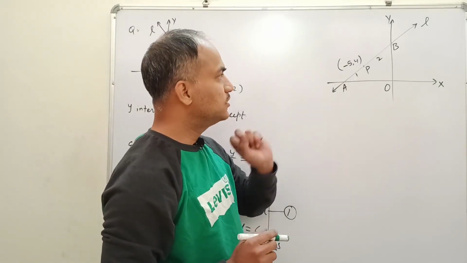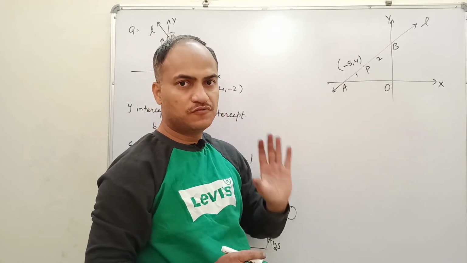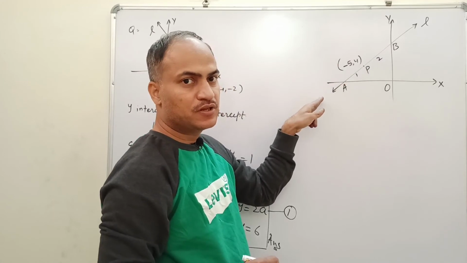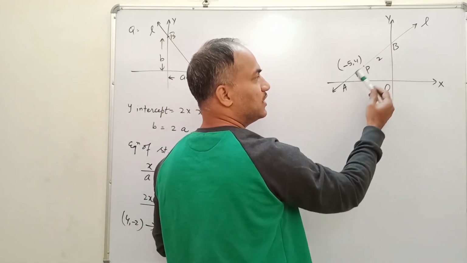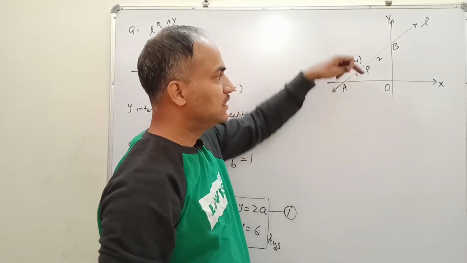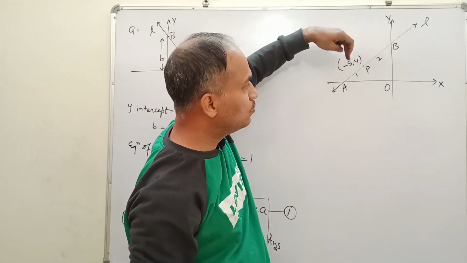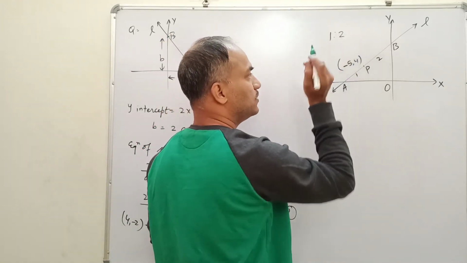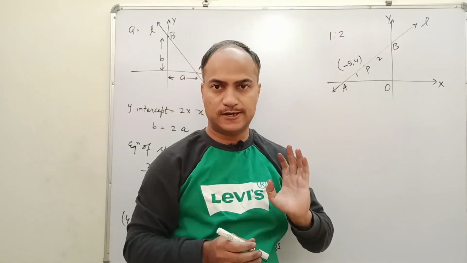In this question, we are given a point P(-5, 4), which is on this straight line L, and this point is dividing the intercept of this line between the axes. It means this point P is dividing this portion AB in the ratio 1:2, and we have to find the equation of the straight line.